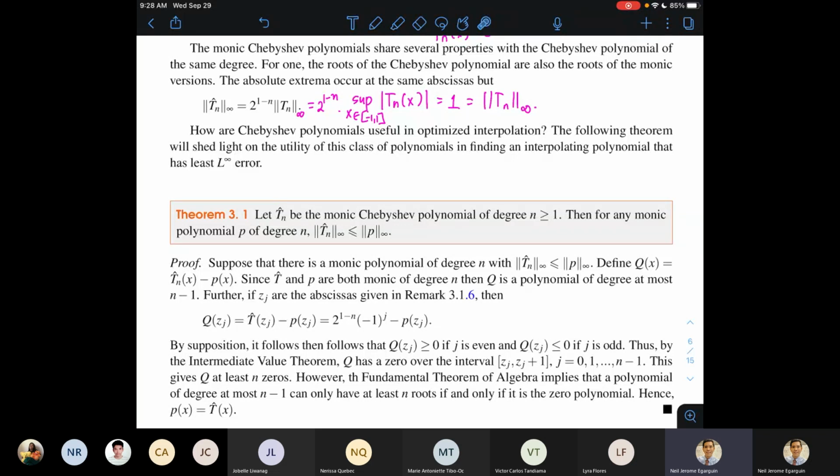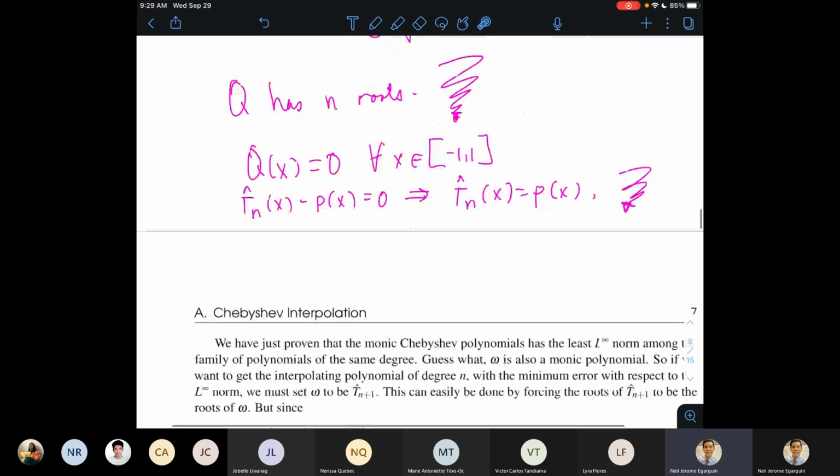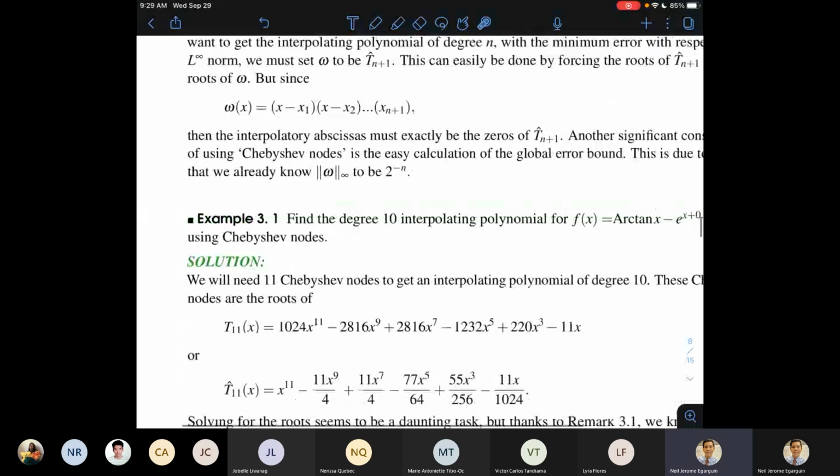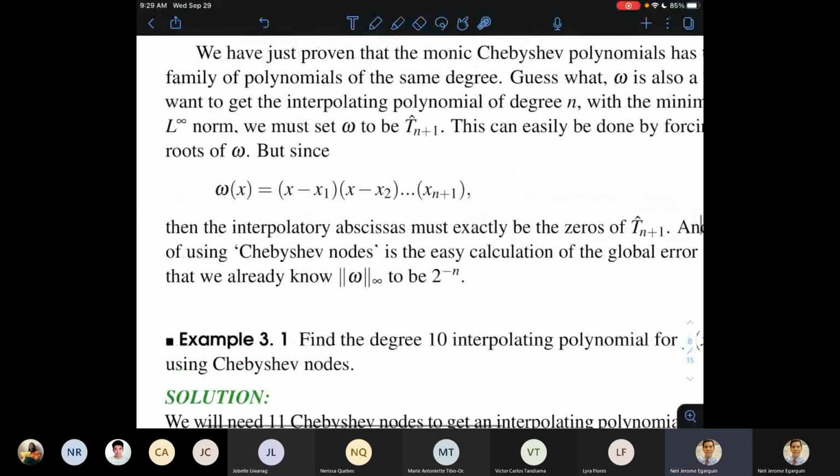But again, bakit nga ba ako insistent on this result? Bakit ko gusto yung result na yon? Ano ba yung monic polynomial? Meron ba tayong monic polynomial of concern? I hope you remember our remark earlier na yung omega of x na gusto nating i-minimize. Ito si omega, yung second factor dun sa error term dun sa interpolation.